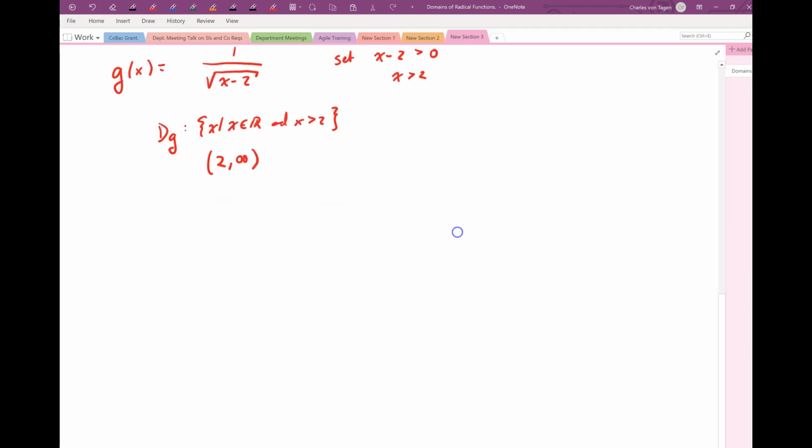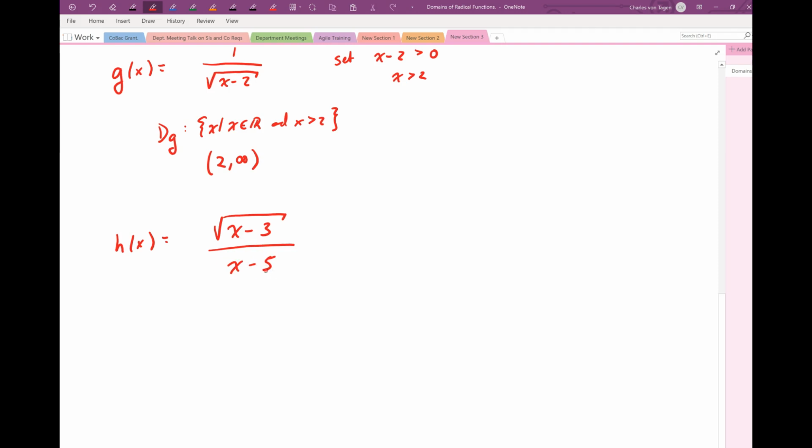So let's combine that with another problem. Let's look at h of x equals the square root of x minus 3, all over x minus 5. This is a combination problem.